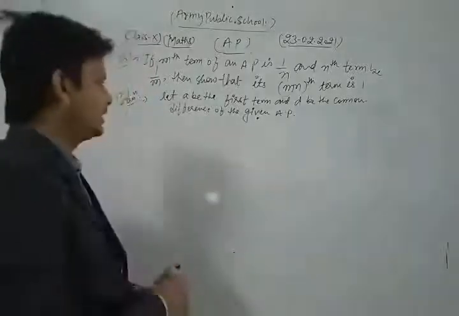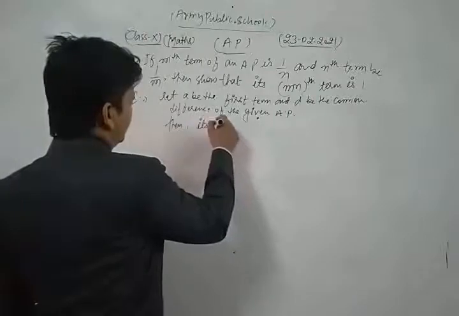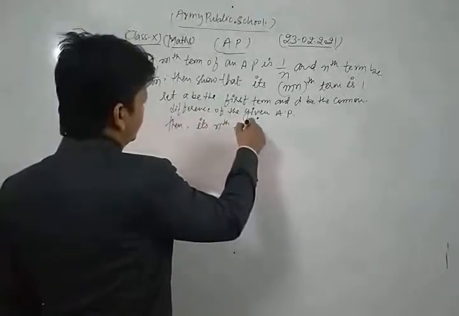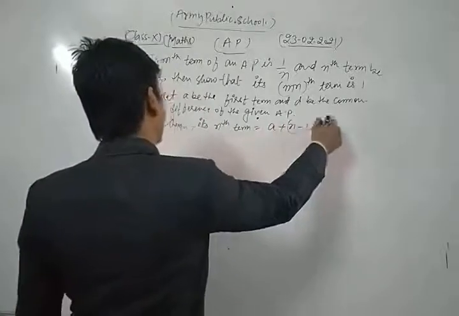Then its nth term will be what? Its nth term is a plus n minus 1 into d.